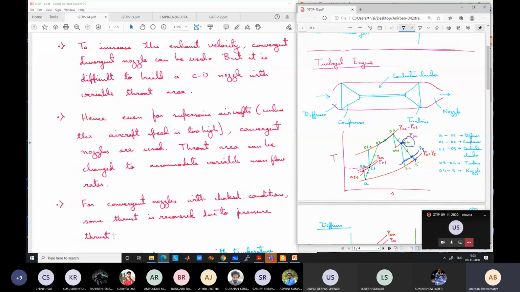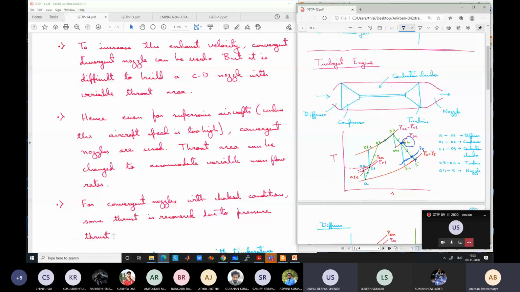So my question is, if the maximum exhaust gas velocity is equal to the speed of sound, how can we accelerate a supersonic aircraft using convergent nozzles, which is flying at a higher speed than the speed of sound? Where is the flaw in my question? Let me repeat the question.